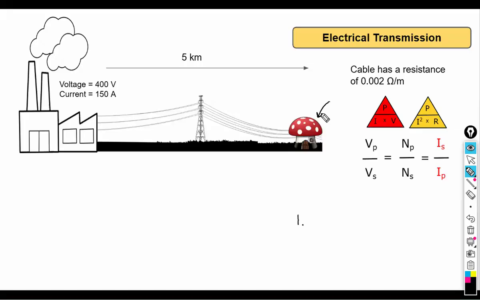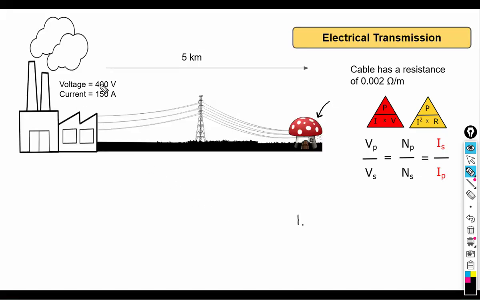So here's what we're going to do. We're going to calculate the power loss for these scenarios. We're going to pretend we went back in time and the person who invented transformers, we told them, don't invent transformers. I mean, threaten them. So transformers will never, ever, ever be invented.